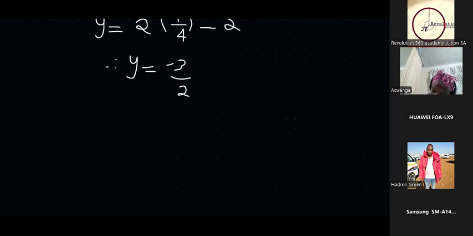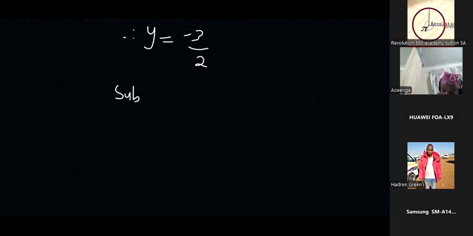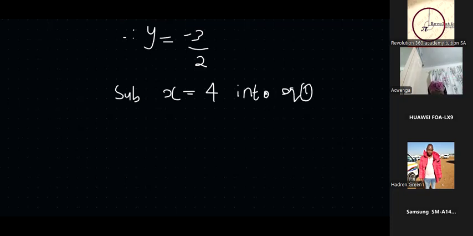Substitute x equals 4 into equation 1. Equation 1 is y equals 2x minus 2.